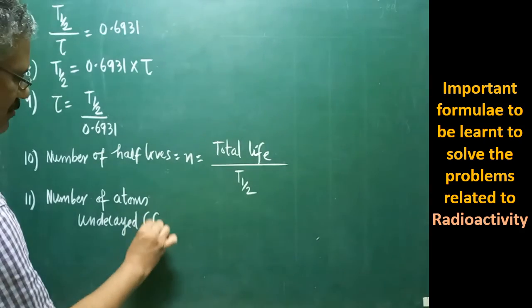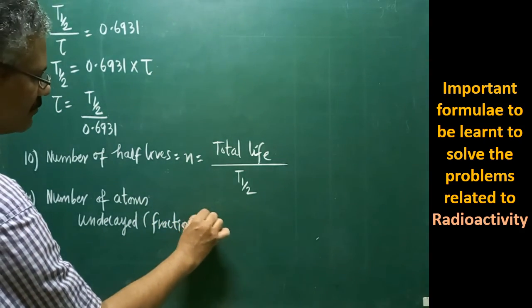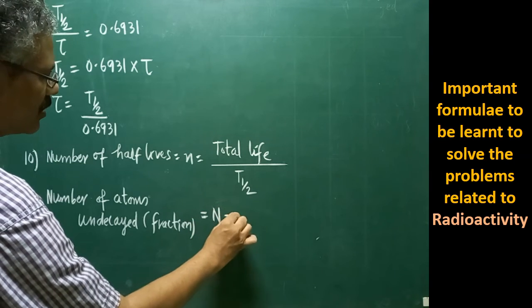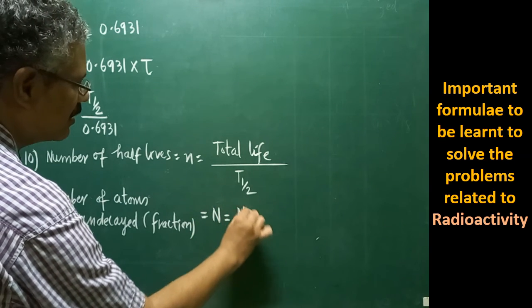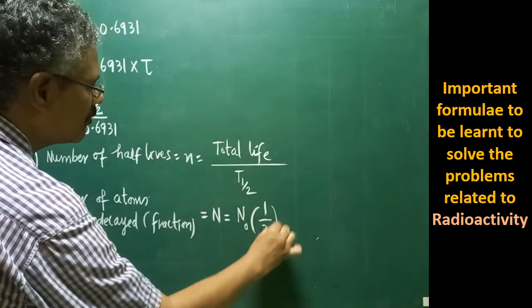Are you clear? In terms of fraction, to calculate the value, which formula is to be used? N is equal to N naught into 1 by 2 power of n.